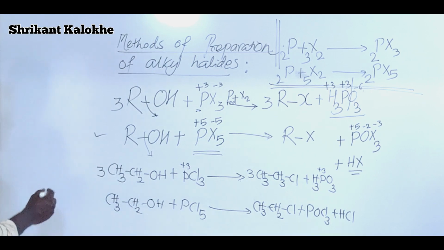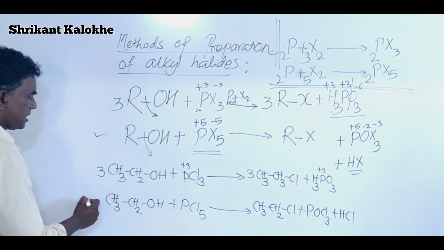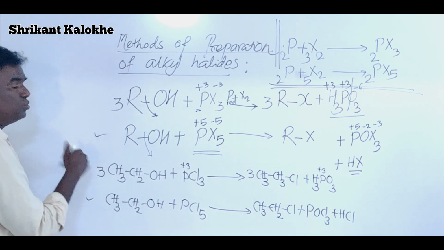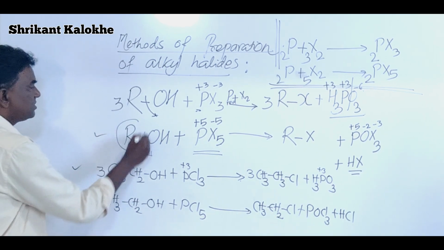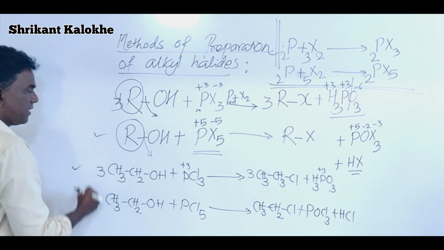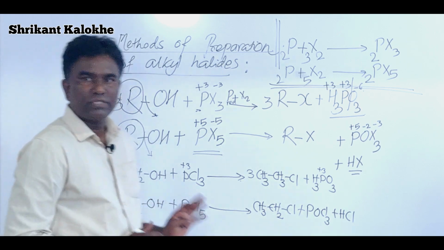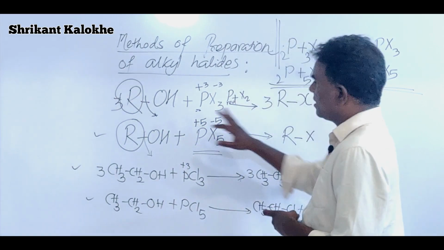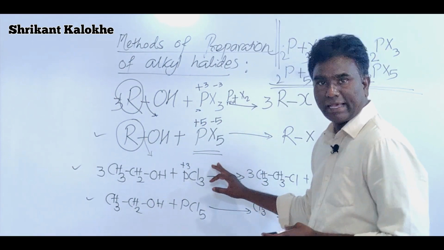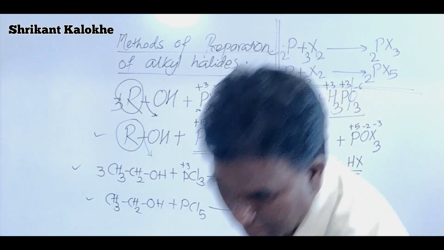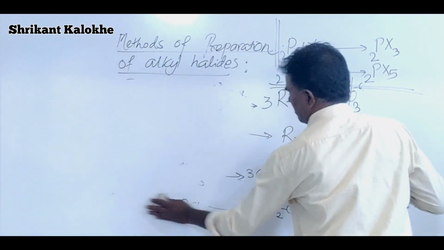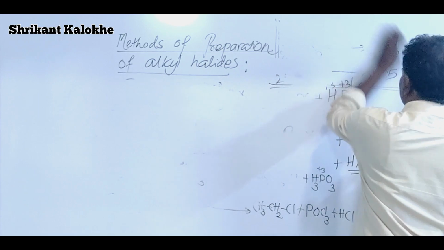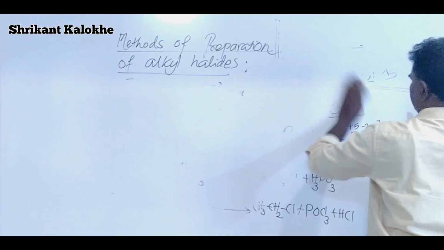In this way you can change different R groups and write those reactions. So this is the method of preparation of alkyl halide by using phosphorus halides. Next method, we will see thionyl halides or thionyl chlorides.